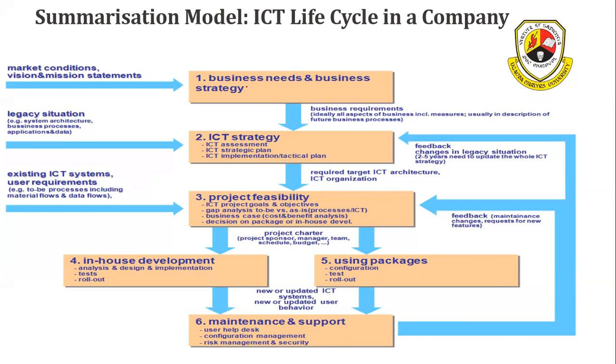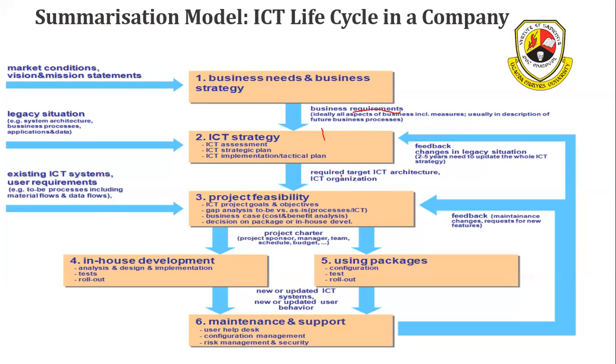The ICT life cycle starts with the business strategy. It's from the business strategy that the life cycle of any ICT begins. It is at this point that requirements are clearly stated. These are then articulated in the ICT strategy.